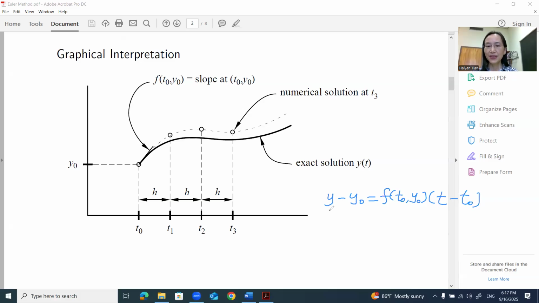So we have the tangent line equation because we have one point and the slope, then point-slope form gives the equation. So this equation is the tangent line approximation to the solution curve. And we can write it as y0 plus the slope.